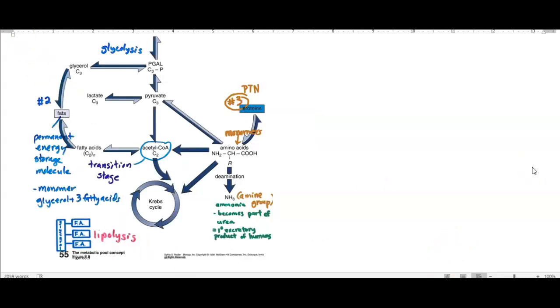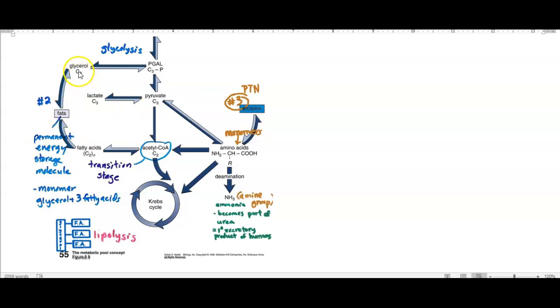If you remember from our first test, glucose is the number 1 molecule used for energy, splitting of the glucose. Remember, fat was the second molecule of choice for energy. That's glycolysis. This is lipolysis, splitting of lipids, fats.